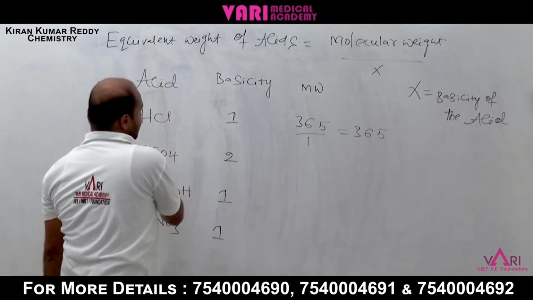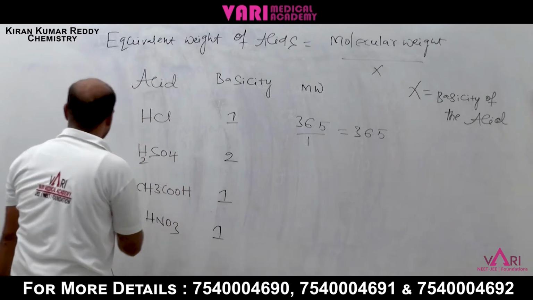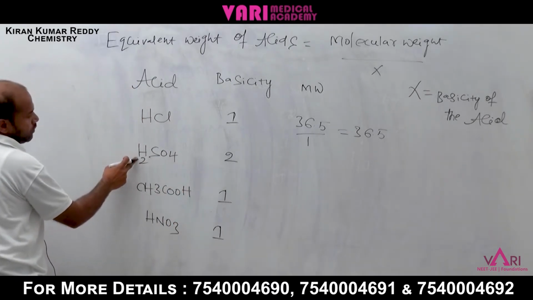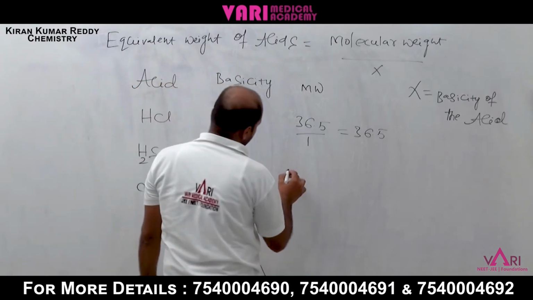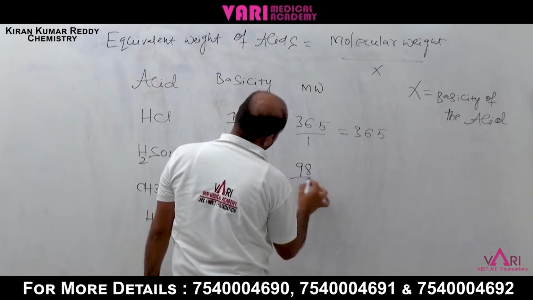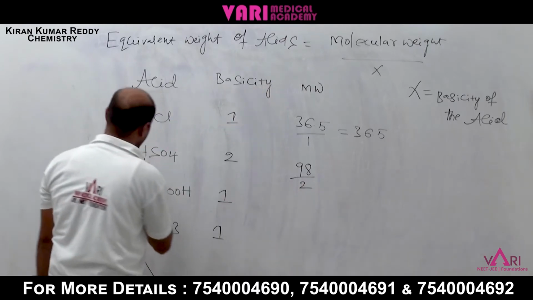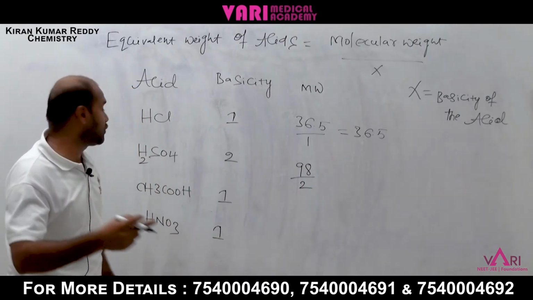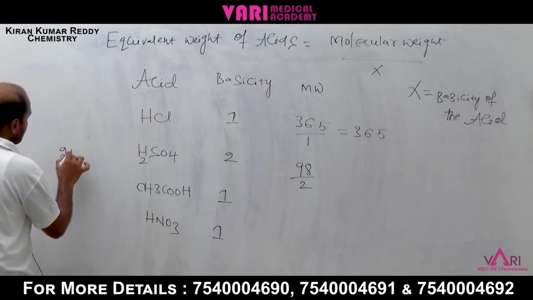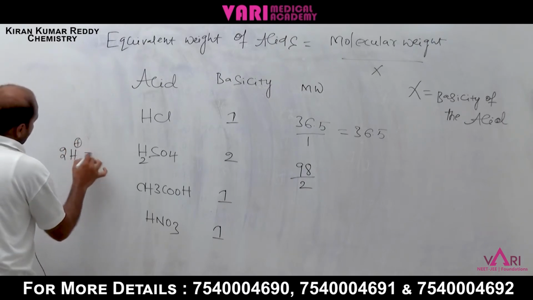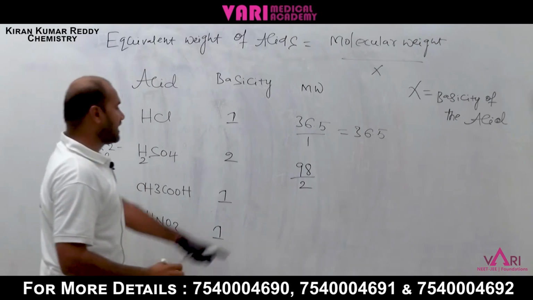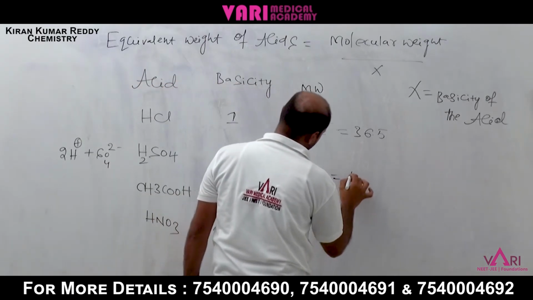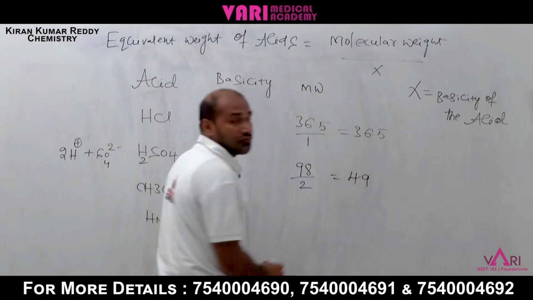Next I am taking H2SO4: 2 plus 32 plus 16 times 4, we calculate 98 by 2. Number of replaceable hydrogens is 2, 2H plus SO4 2 minus. So 98 by 2, equivalent weight of the acid is 49.